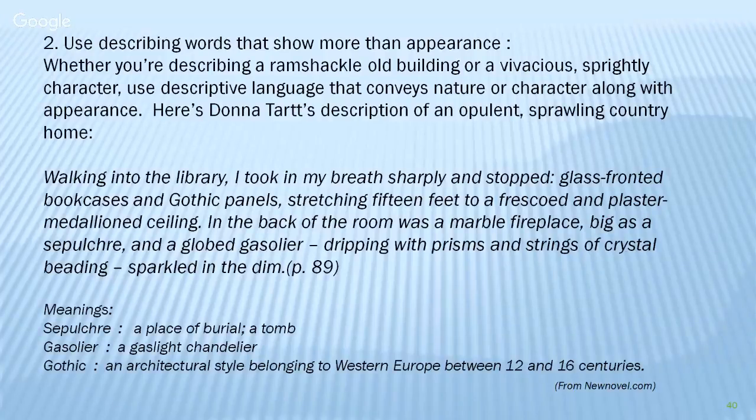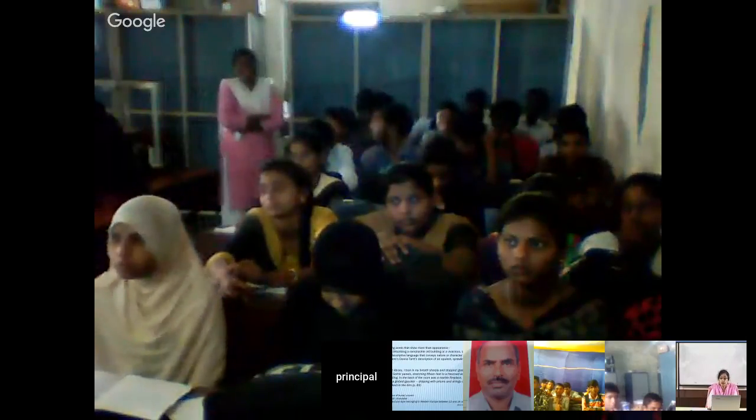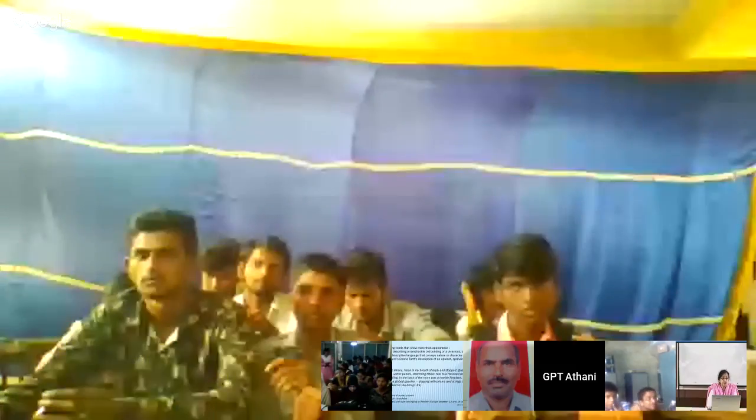Sepulchre means a tomb, like a Kabristan, a grave. "And a globed gasolier." In the olden days there was no electricity, so they lit lamps with gas. "Dripping with prisms and strings of crystal beading sparkled in the dim."